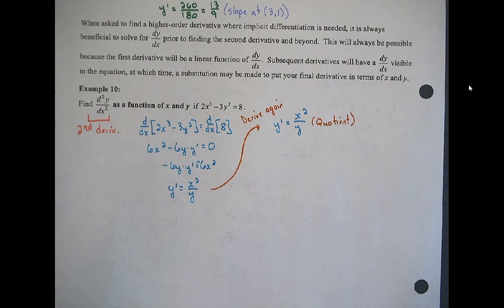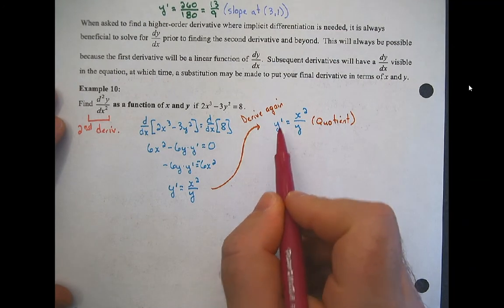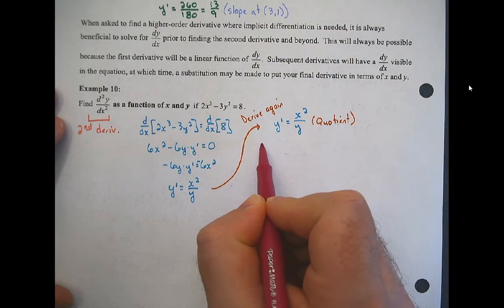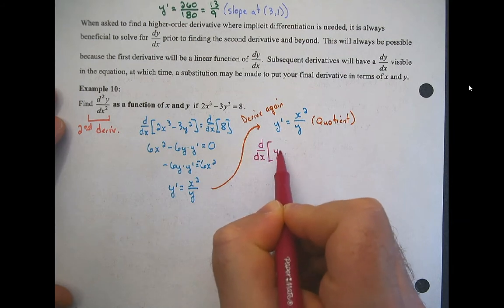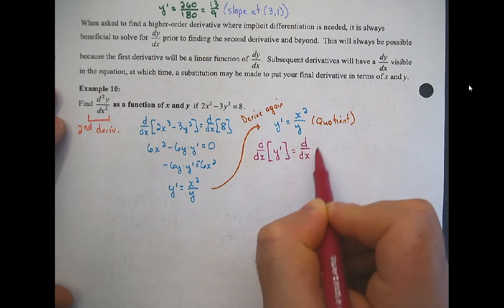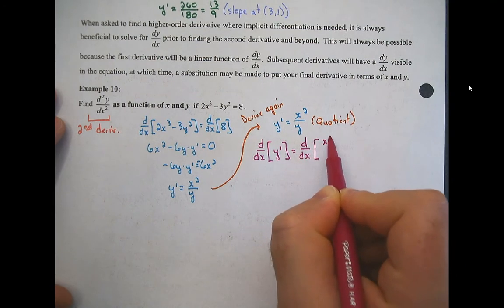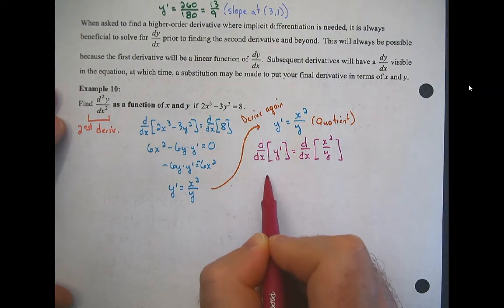All right, let's see here. Now I'm doing the derivative of y prime again, so that would be d/dx of x squared over y. The derivative of this would be y double prime.